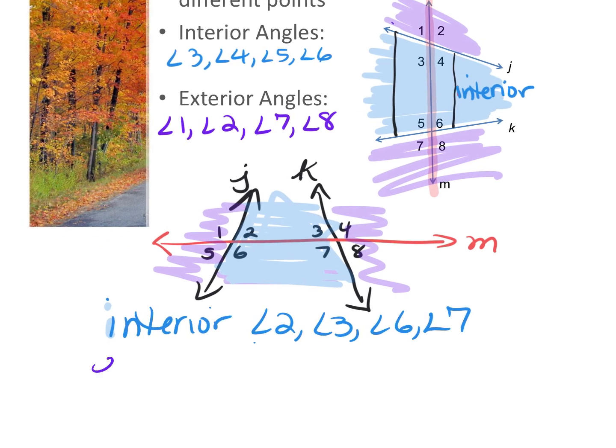The exterior angles would be on the outside of those lines J and K, would be angle 1, angle 4, angle 5, and angle 8. So be able to identify when an angle is interior or exterior.